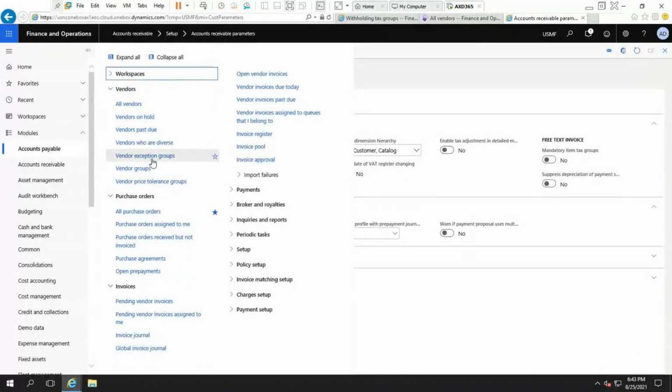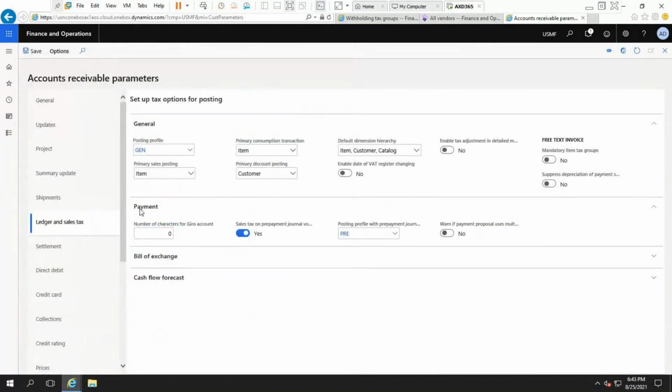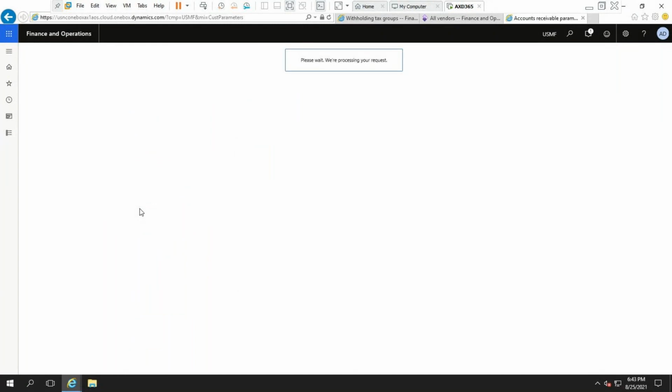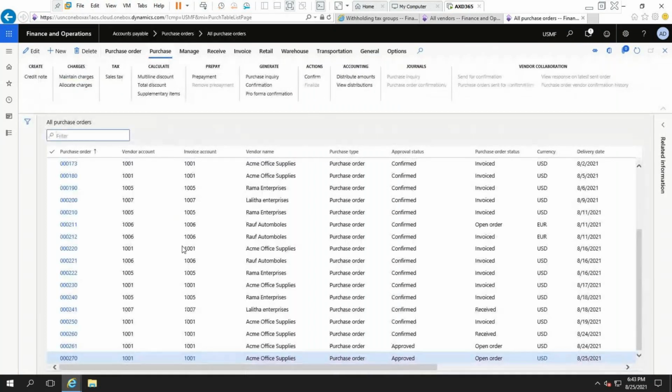Even for a vendor invoice you can do it, and even the invoice journal will work, but let me show you from the purchase order invoice.